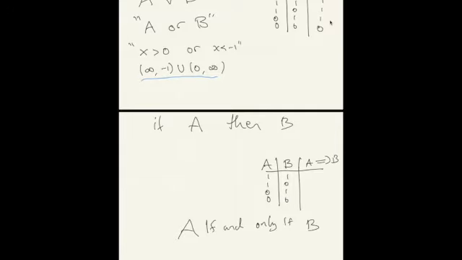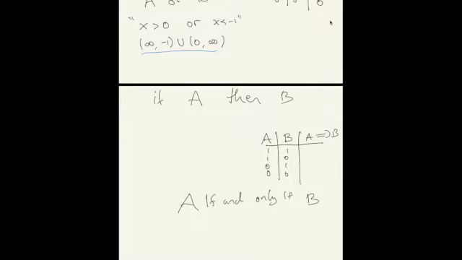Now, the most complicated one, and the one where people make the most mistakes, is the implication. If A, then B, and it's written symbolically as A implies B, and can be read as A implies B, but also if A, then B, or A is sufficient for B. These are other ways of stating this claim.